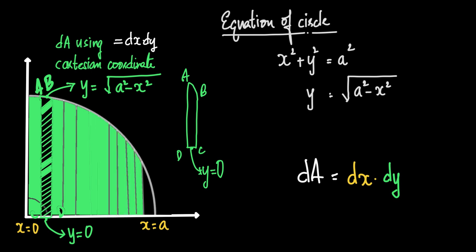Okay, so we just add these strips. And how do we add this? We add this and we get the area dA is equal to dx into dy. But how do we add this? We add this by integrating along dx dy. Now this time it should be very clearly a double integral dx dy, because we are integrating along both dx and dy as well.